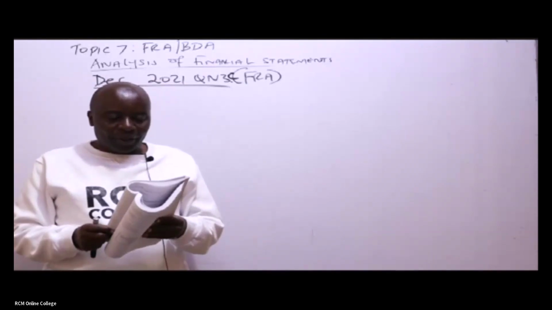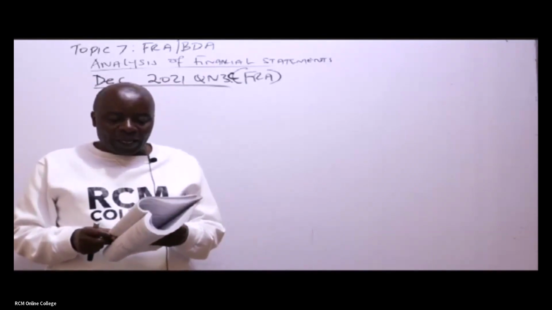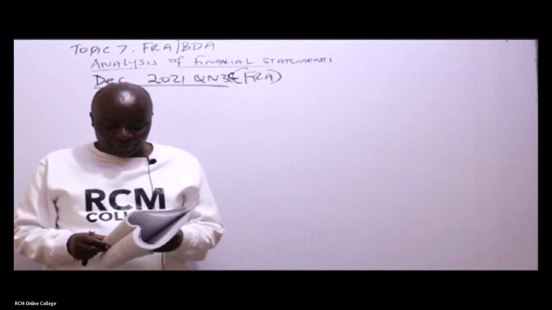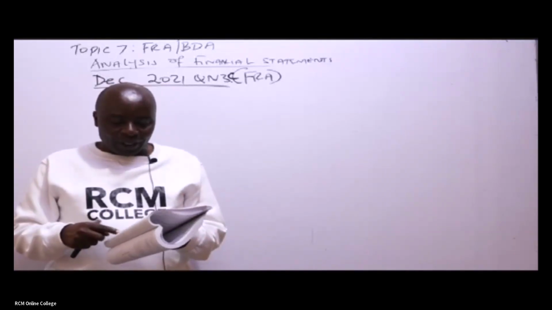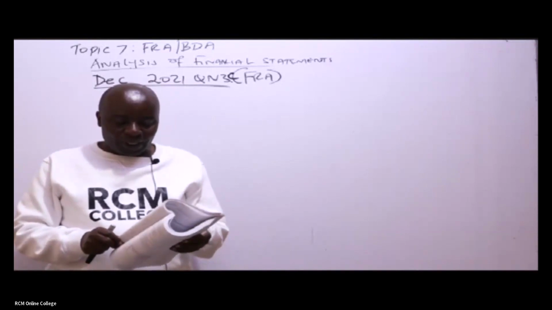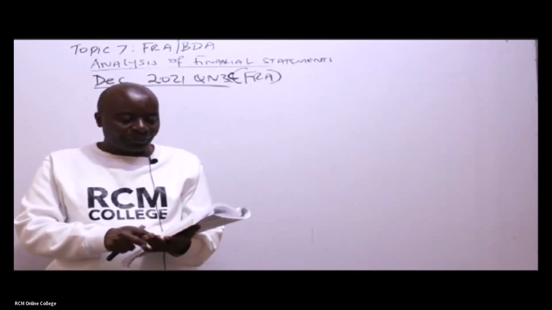We are told here, the following are extracts of financial statements from the books of Zawadi Limited. I can see sales revenue, and extracts of the statement of financial position as at 30th April.